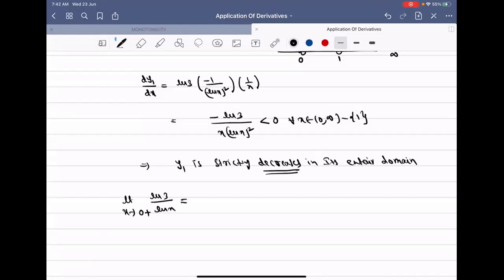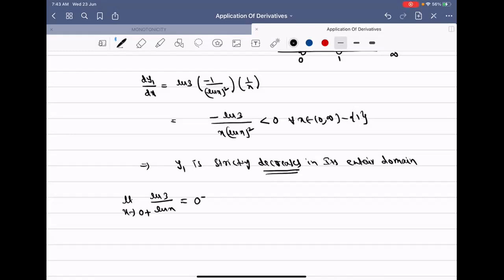As you approach 0 from the positive side, ln 3 is positive, and ln x is negative, so ln 3 by ln x approaches 0 from the negative side, that is 0 minus.